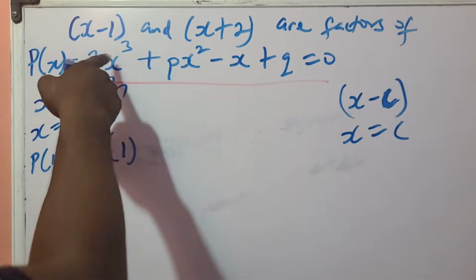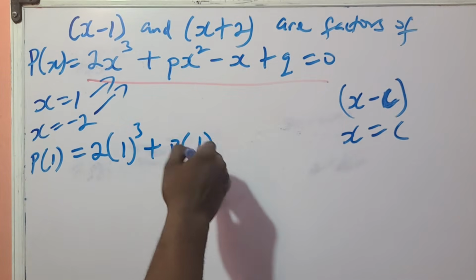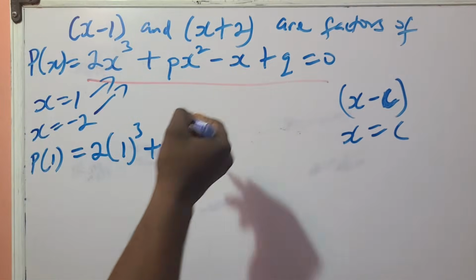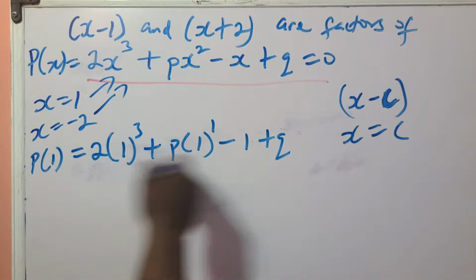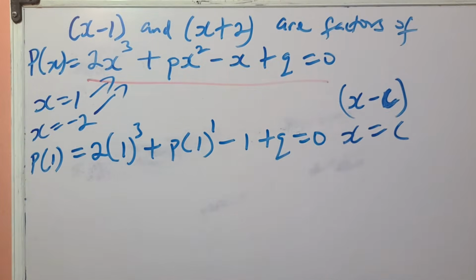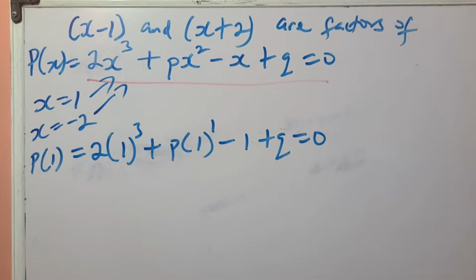I'm fixing 1 into the polynomial now, plus p, I'm fixing 1. Wherever I see x, I'm fixing the value of 1, minus 1 plus q. This must give me 0. If it doesn't give me 0, that means it's not a factor. So the fact that they've told me that it's a factor means that by fixing that value inside the polynomial, I must get 0 as my answer.